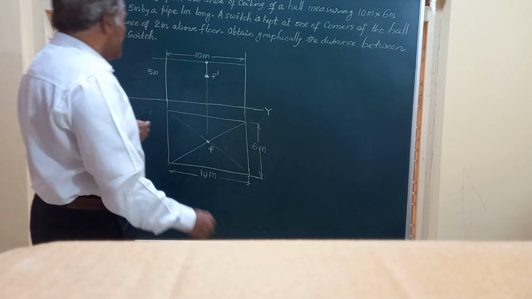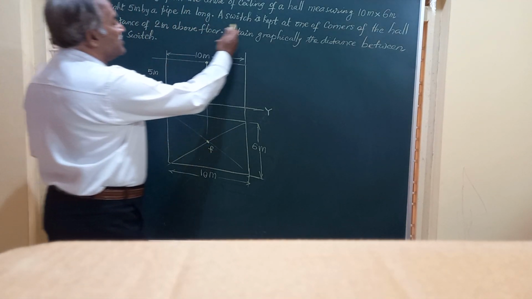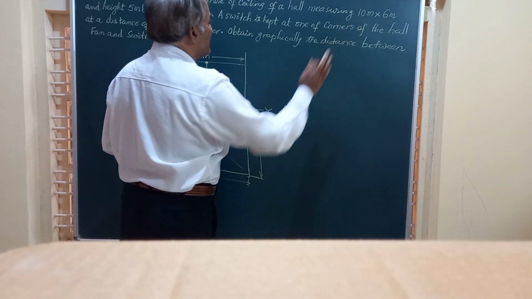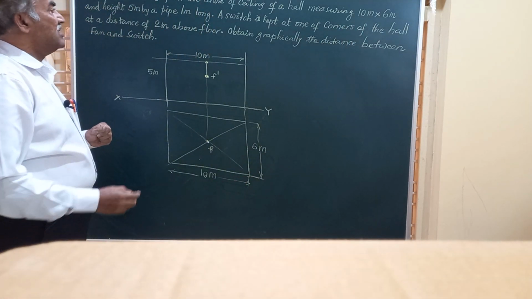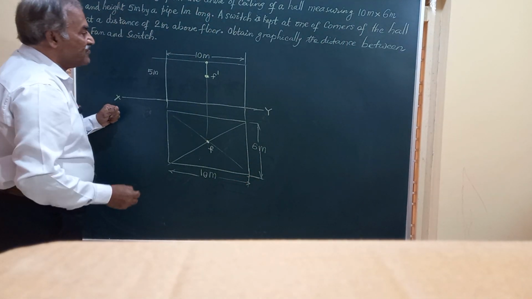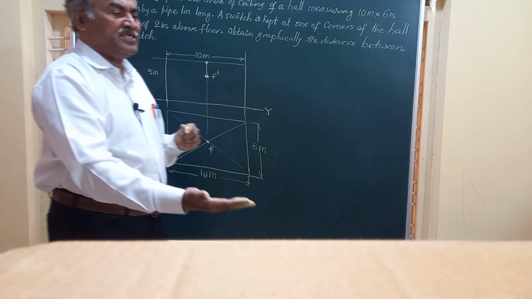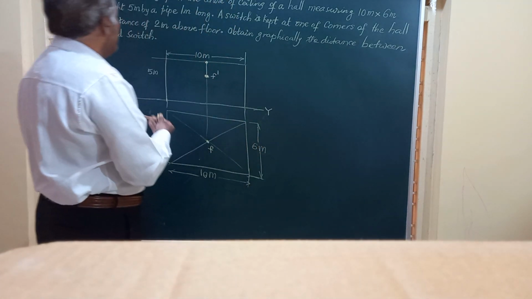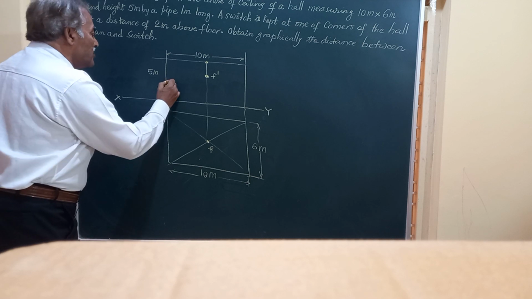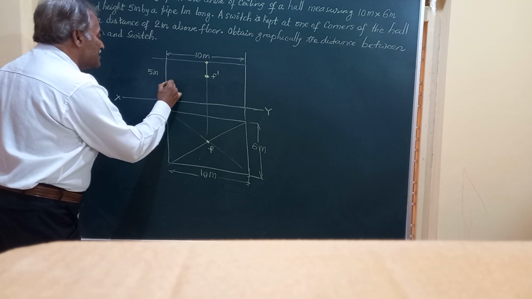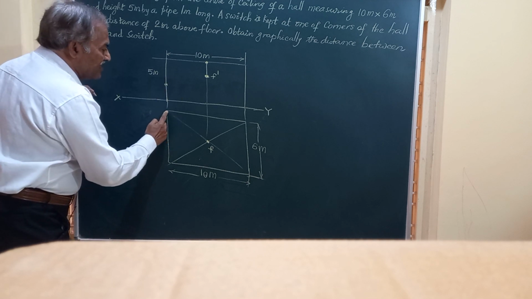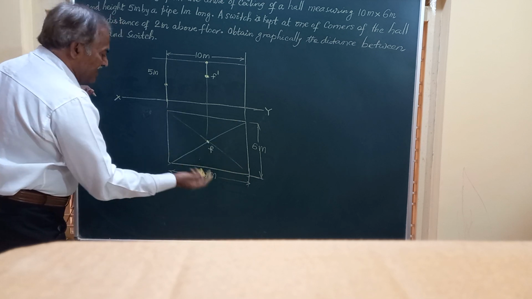Okay friends, then it says there is a switch kept in one of the corners of the hall that is 2 meters above the floor. Friends, anything kept above the floor can be seen in the front view. So I am going to take one of these corners. It could be the first, second, third or fourth. Anywhere you can take.